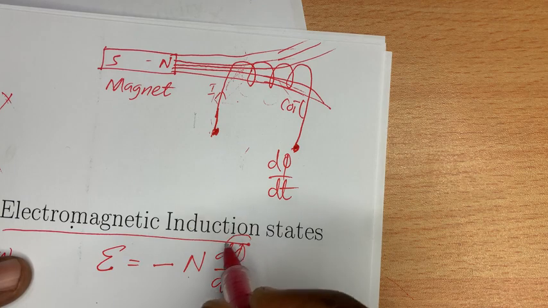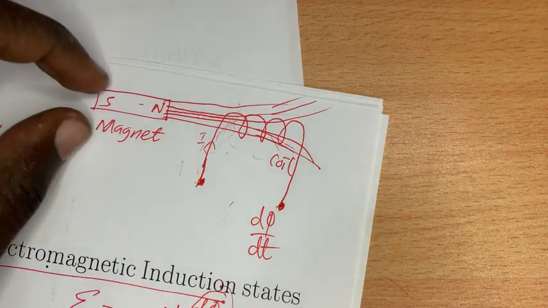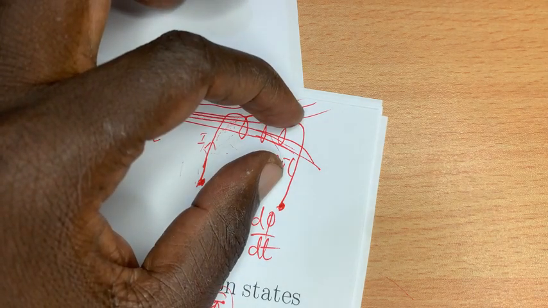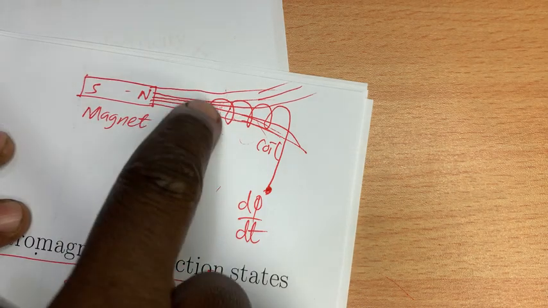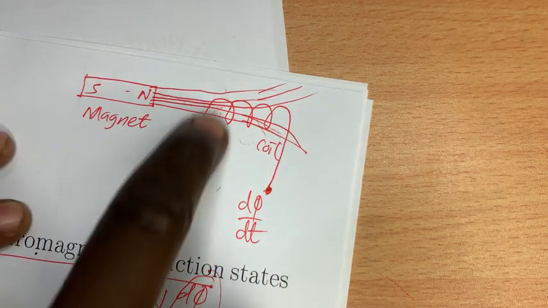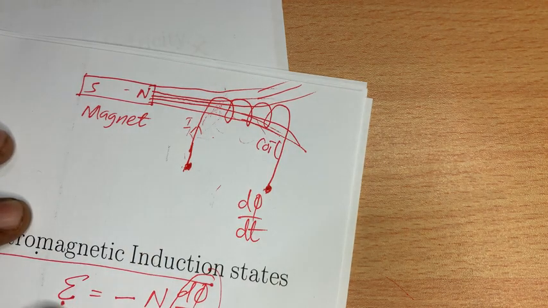So if this is changing, I will have EMF, and this is why I have to move this close to the wire or away from the wire, because there must be a change in the number of lines linking with the coil before I can have my EMF.